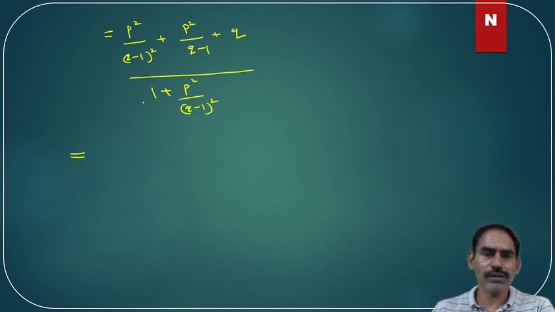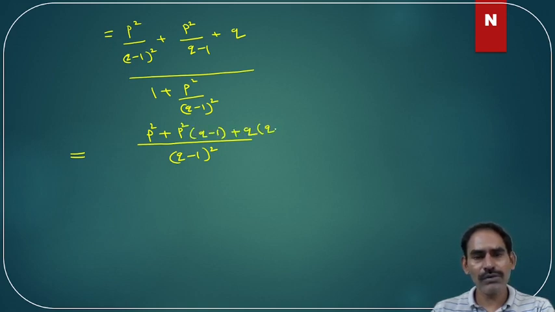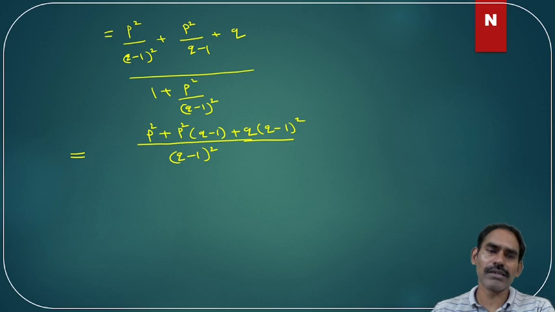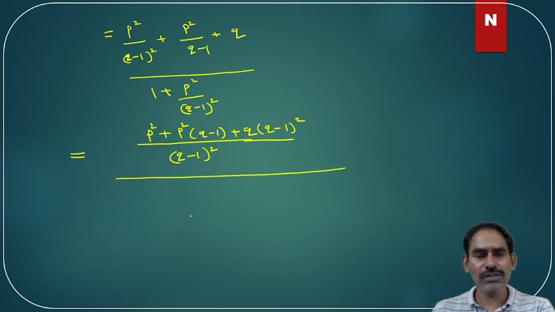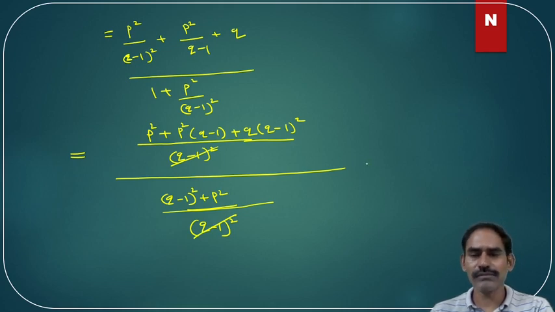Now we can write the numerator LCM as (q minus 1) whole square, and in the denominator also (q minus 1) whole square is the LCM. So (q minus 1) whole square gets cancelled.